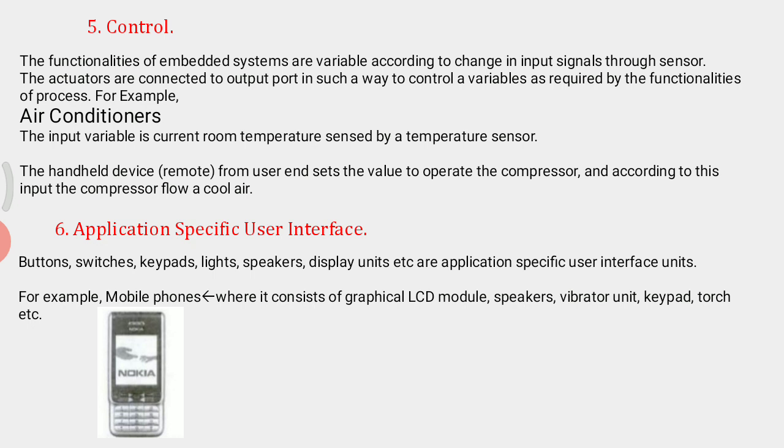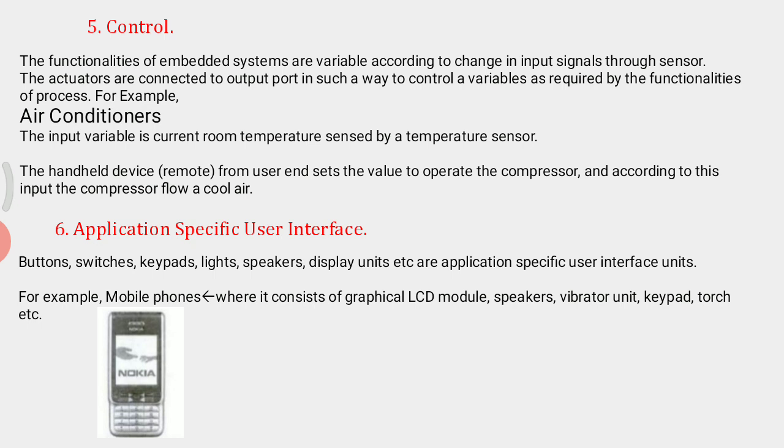Fifth one is control. So the purpose is to control. The functionality of embedded systems varies according to changes in input signals through sensors. The input signal is not constant; it keeps on changing through the sensors.